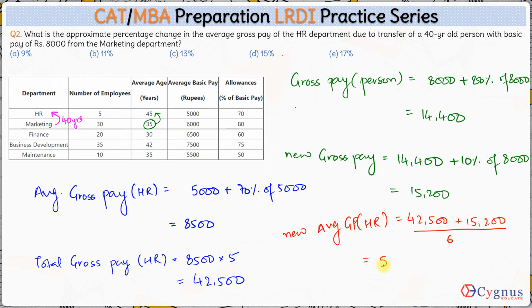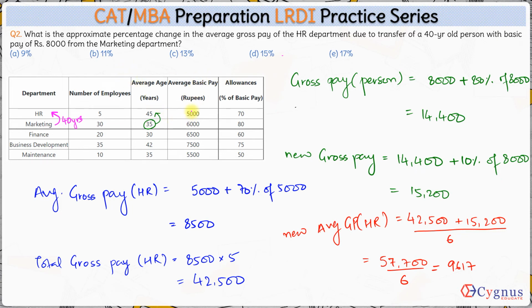So we have 57,700 divided by 6. Okay, and this approximately will come out to be 9,617. Now the question is finally, what is the percentage change in the average gross pay for the HR department.